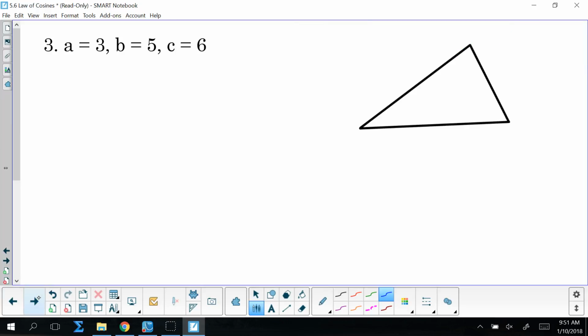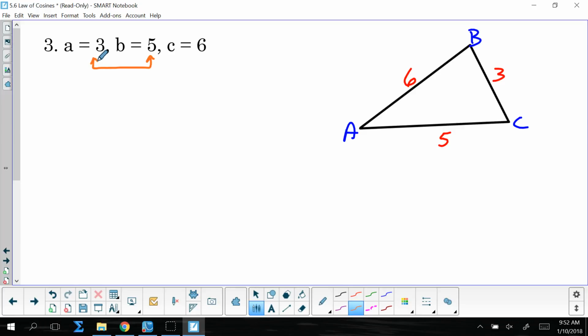So, here is example number 3. It's at the bottom of your page. I've got side A as 3, side B as 5, and side C as 6. The check is I have to determine if this truly is a triangle or not. The way that I do that is I look at the two short sides.